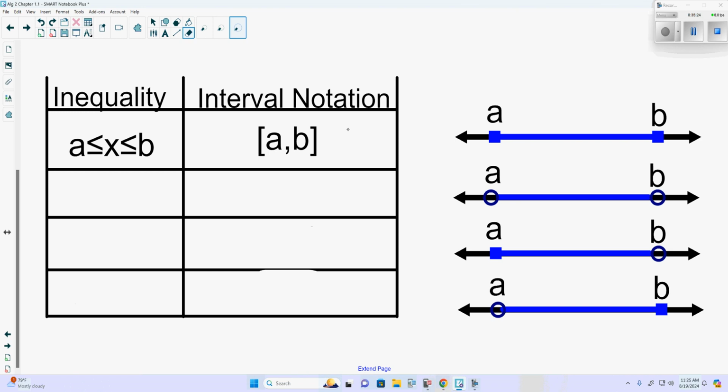Well, on the other end, we can say that A and B are not included. That means we would have parentheses A comma B parentheses. Because if they're included, we have brackets. If they're not included, we have parentheses. Well, I think we know the other two.